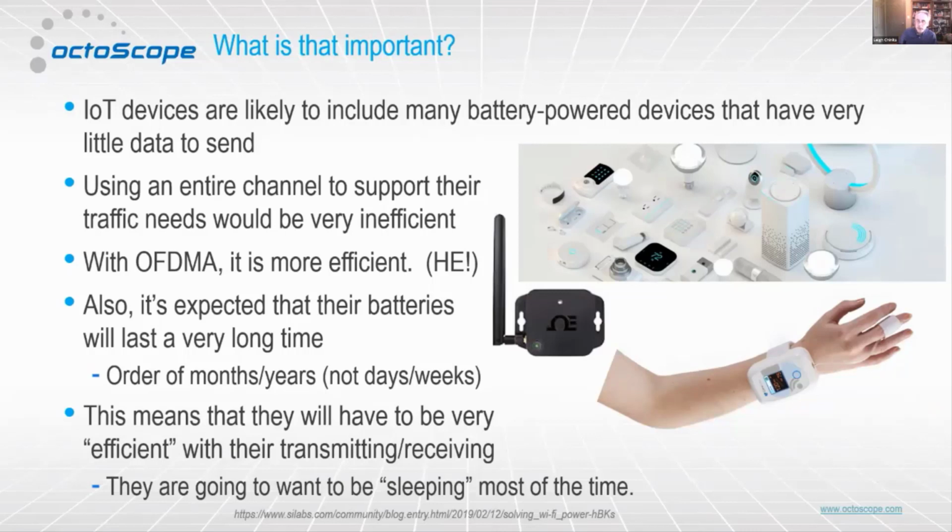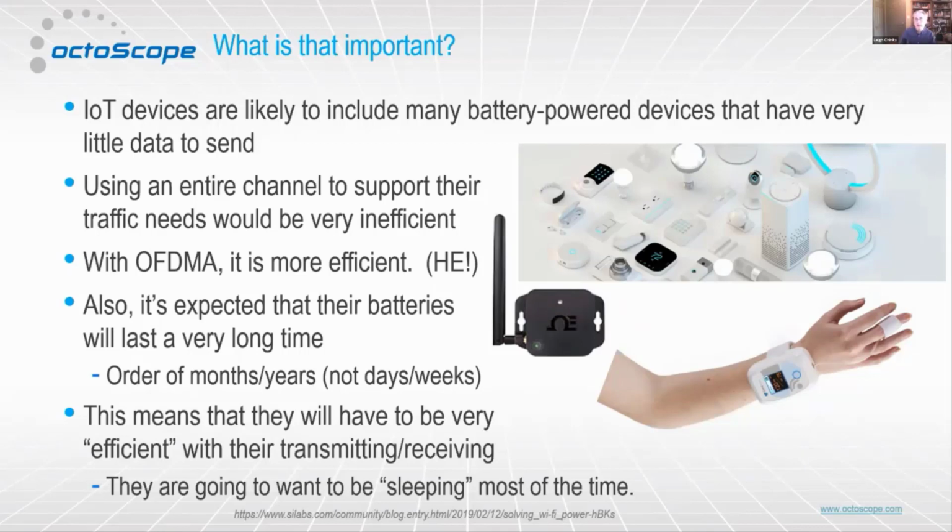They're sending occasional bursts of telemetry-like data, all of which will be aggregated somewhere and wonderful things will be done with it. But it's not a lot of data to be sent at any given time. So allocating a whole channel, even just a whole 20 megahertz channel, to support that would be very inefficient. So again, OFDMA is about efficiency, not about throughput. It's about high efficiency. And so allocating smaller chunks of spectrum, especially to multiple users simultaneously, is much more efficient.